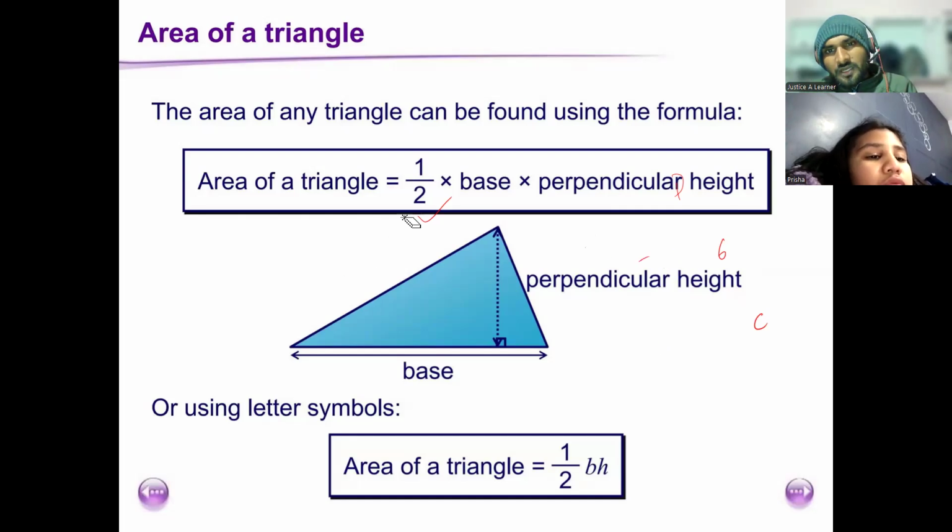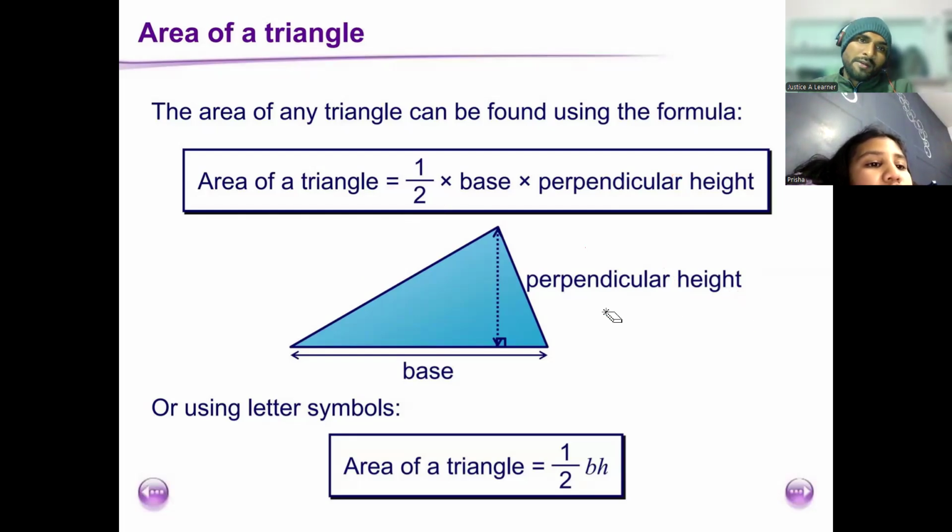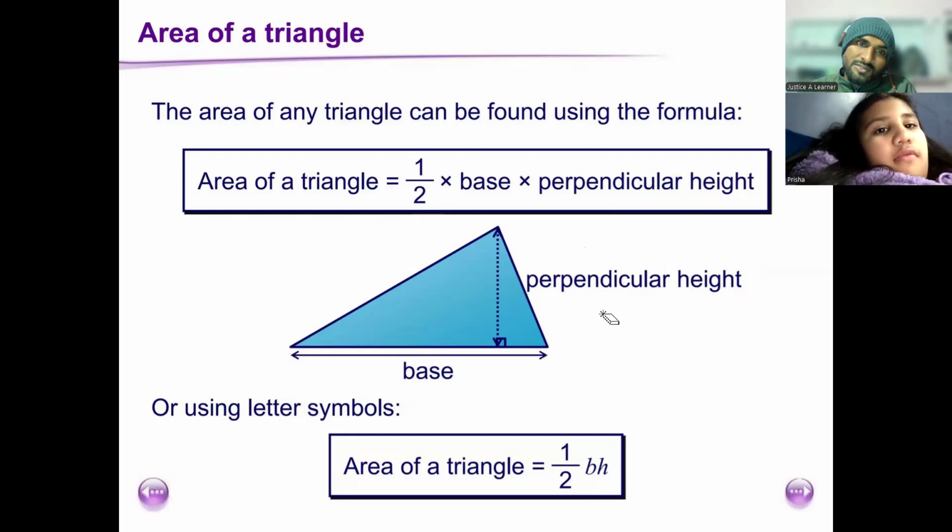So for now we have understood that if a triangle does not have a perpendicular height directly seen in the image, we'll draw an imaginary line. Is that clear to you? Yeah, but imaginary, how are you supposed to find it if you don't know what the thing is?